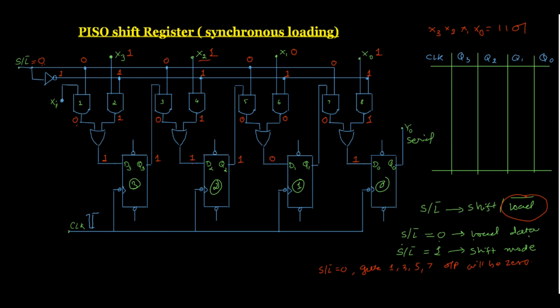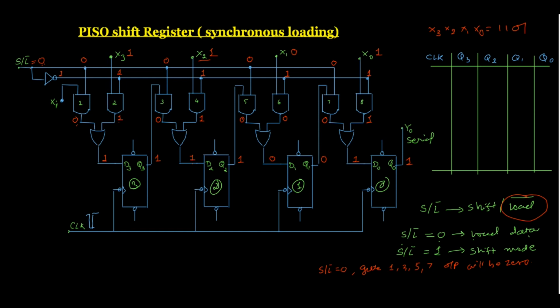Here after the negative edge, it will be transferred to Q1 and become 0. In the same way, in the final flip-flop the input is 1, and with this negative edge Q0 is going to be 1, which is my serial output.